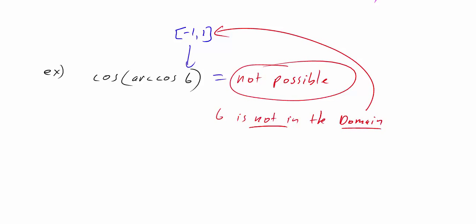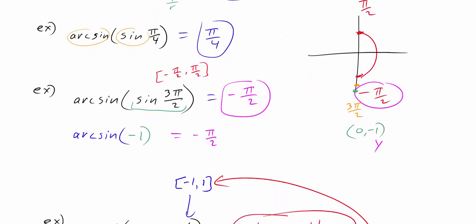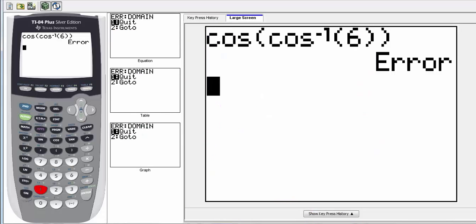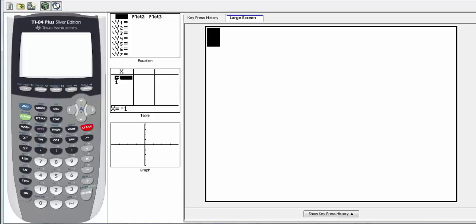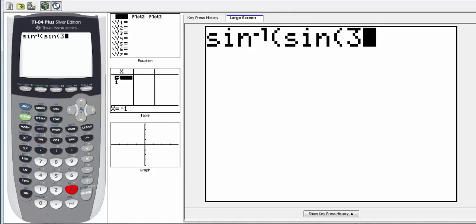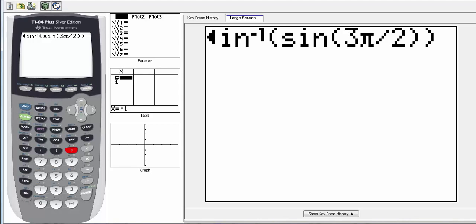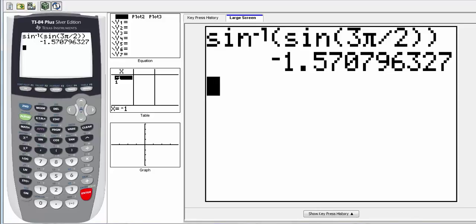Now let's go back here for a second to verify. I meant to look at the calculator. What happens if we go back to this arc sine of the sine of 3 pi over 2? Well, let's put this in the calculator and see what happens. So if we go second sine, the sine of 3 pi divided by 2, and notice when I hit enter, we get a negative 1.57.